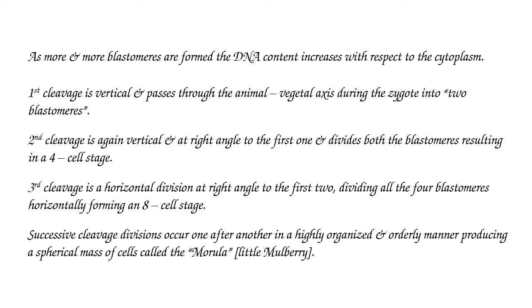The first cleavage is vertical and passes through the animal-vegetal axis, dividing the zygote into two blastomeres. The second cleavage is again vertical and at right angles to the first one and divides both the blastomeres, resulting in a four-cell stage.